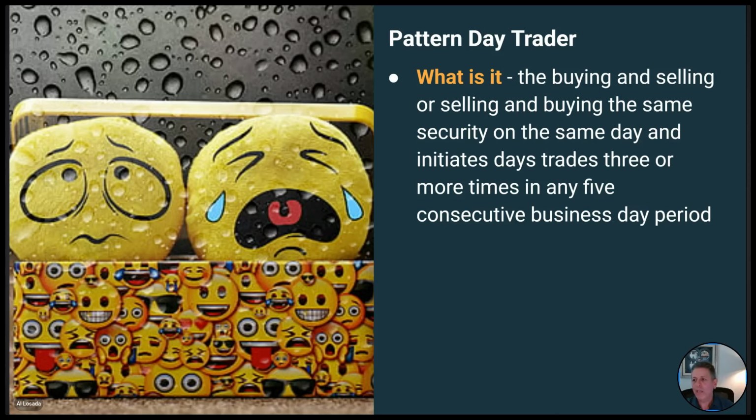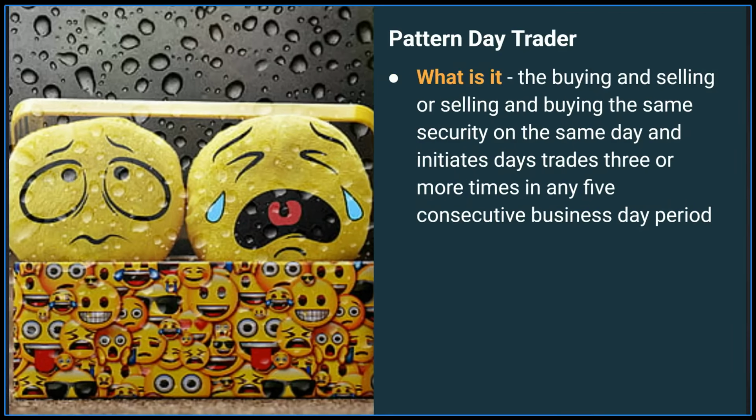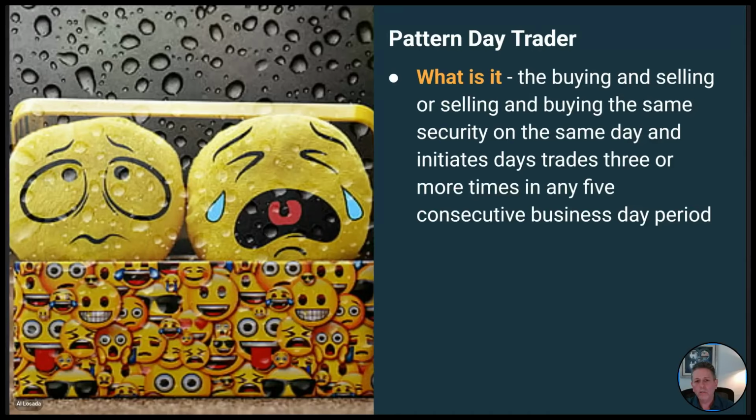Because you can trade basically anything other than SPX, and you get dinged for it. So you have to be very, very careful with it. If you're buying and selling, or selling and buying on the same day, you can actually lose your ability to trade for 3 months.